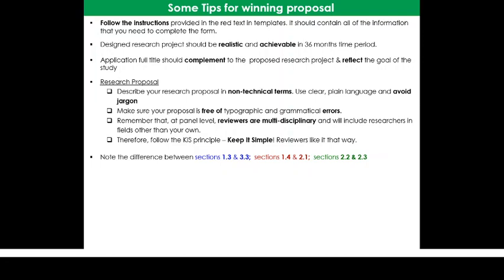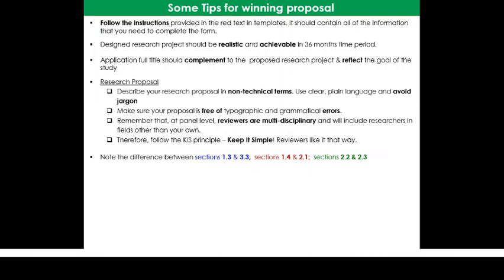In 1.3, you have to describe the integration of the researcher in the host organization, and 3.3 is about the infrastructure and logistic facility of the host organization, whereas section 1.4 is about your past experience and the fellowship, how it will help to develop you as an independent researcher during the fellowship, whereas 2.1 is about how this fellowship helps you to achieve your career goal after the fellowship.